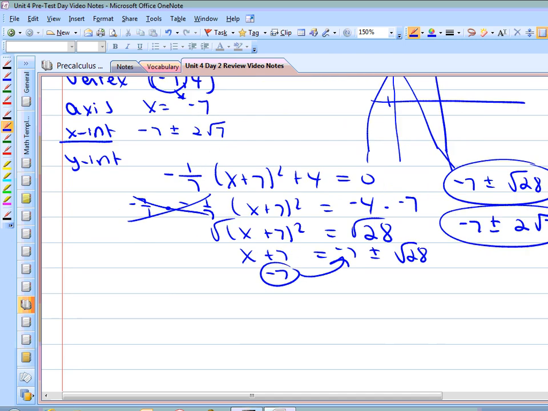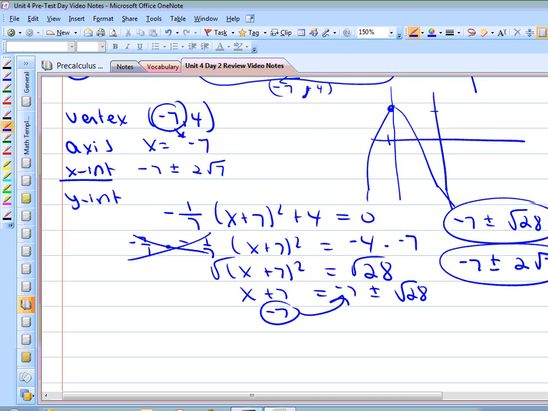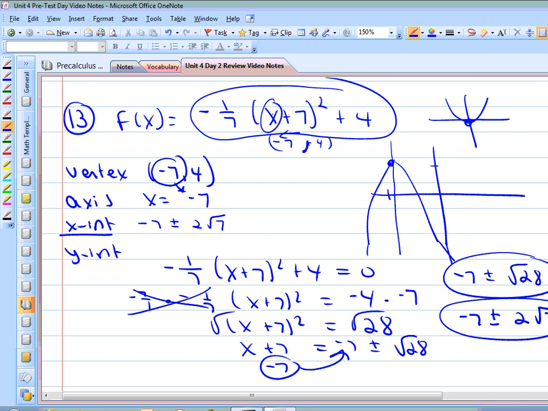Y-intercept. Remember, the y-intercept is the place we have to be a little careful. We have to actually plug in a 0 for the x. So let's do that. I'm going to erase this right here and give myself a little more room. So let's just plug in a 0. So we have negative 1/7 times 0 plus 7 squared plus 4. All right. So 0 plus 7 is 7. 7 squared is 49.